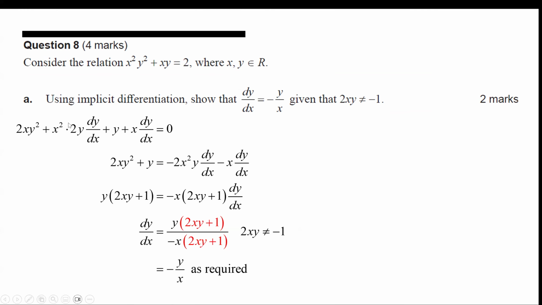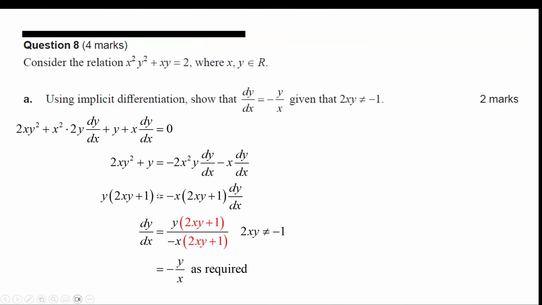Then you push the dy/dx-related terms to one side and the other terms on the other side. Next, you can factorize out 2xy plus 1, which will then be divided throughout. For example, one side is now y times 2xy plus 1, and the other side is minus x times 2xy plus 1 again. You may choose to cancel it here, or you can rearrange first and then cancel them out.